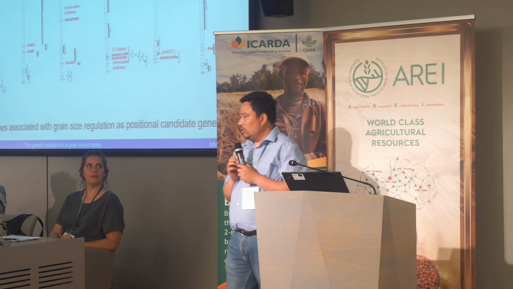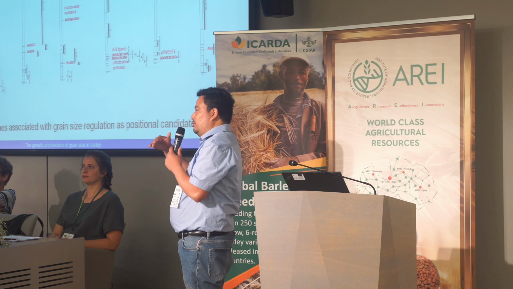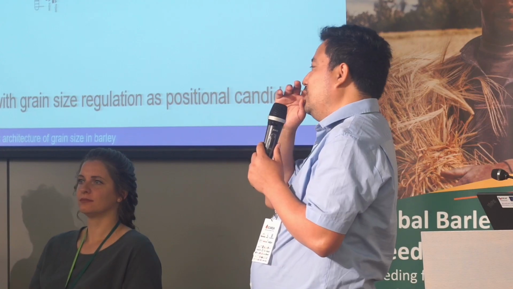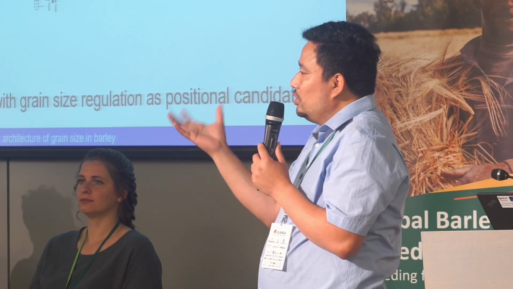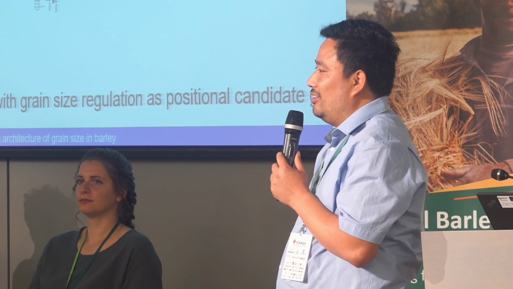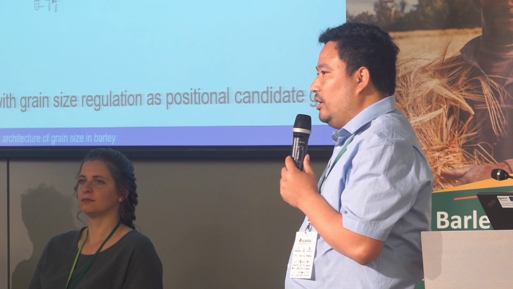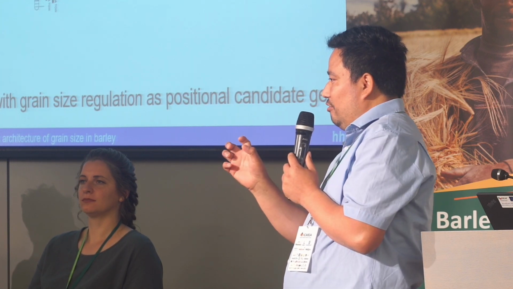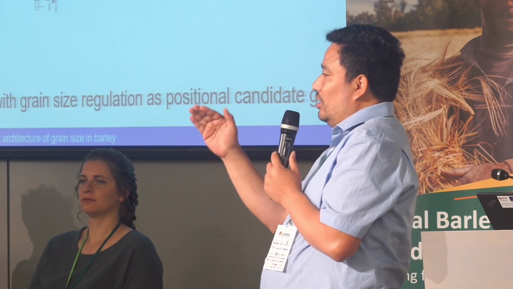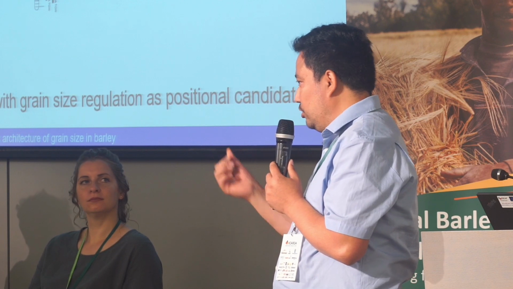So we are currently doing field trials with all those recombinant inbred lines to check if you can really improve yield, because you might have bigger grain, but then when you talk about yield, there's no difference. So we are trying to find the lines where you can find this break between the yield and the seed size QTLs.